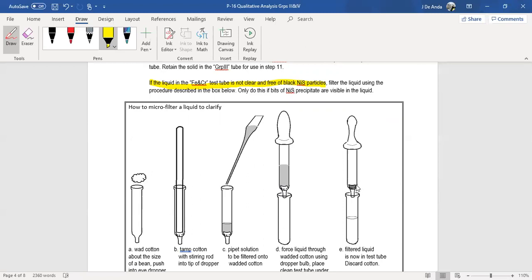And that way you get rid of the particles of nickel sulfide that didn't get into the compact pellet. Okay, so please read that so that you're familiar with that procedure, just in case at some point in the future you come across something similar. Now you know a trick for doing quick filtering.